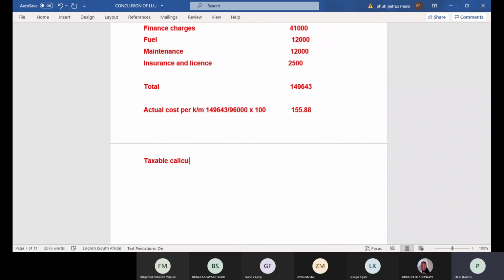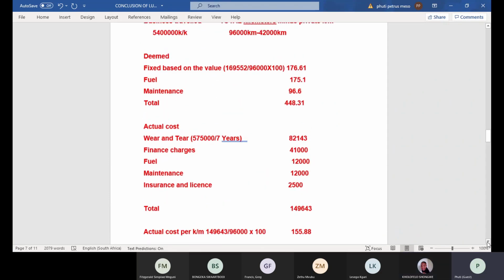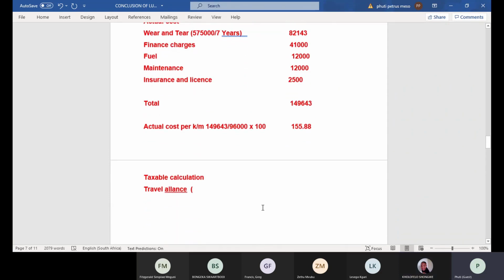Let me say calc, and you would say your travel allowance. How much was the amount for the travel allowance? It's 20,000 a month, and you multiply that by 12. How much is it per year? Yes, it's 240,000.